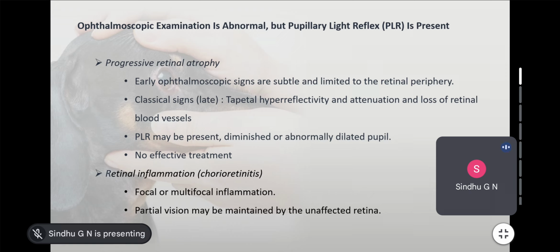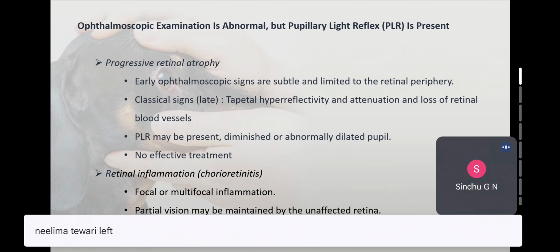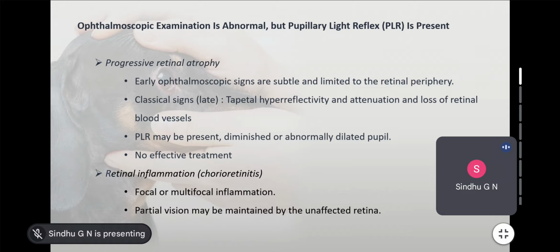But in later stages, we can see classical signs of tapetal hyperreflectivity, like bright reflection from the fundus. There won't be any blood vessels or only very thin blood vessels on the fundus. PLR can be present in the early stages, but later on it diminishes or is completely absent and the pupil will be completely dilated. There is no effective treatment for progressive retinal atrophy. It is a degenerative change.